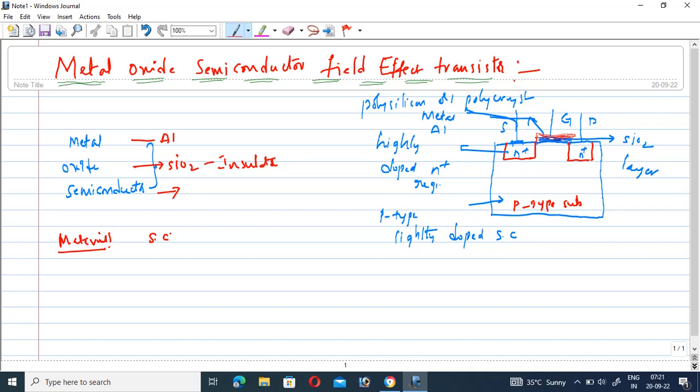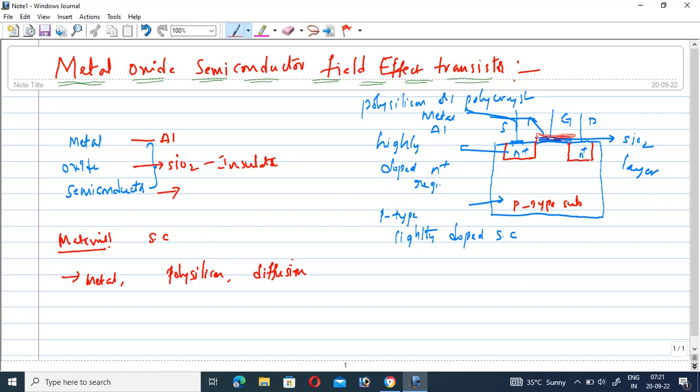Three conducting materials are there in the construction: one is a metal, the second one is polysilicon, and the third one is diffusion. These act as conducting materials in the MOSFET.